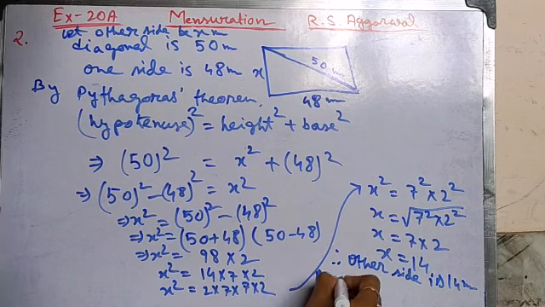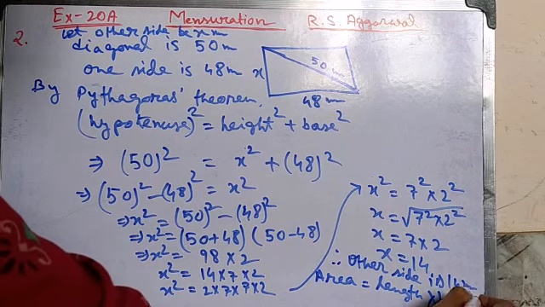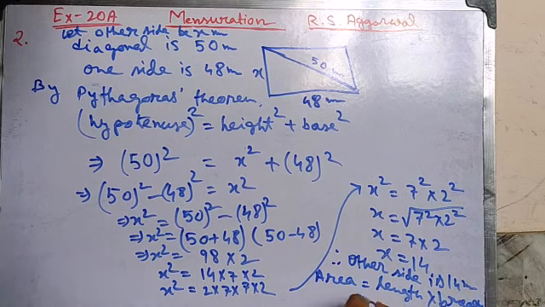So area equals length into breadth, equals length 48 into 14, then we will get the area.